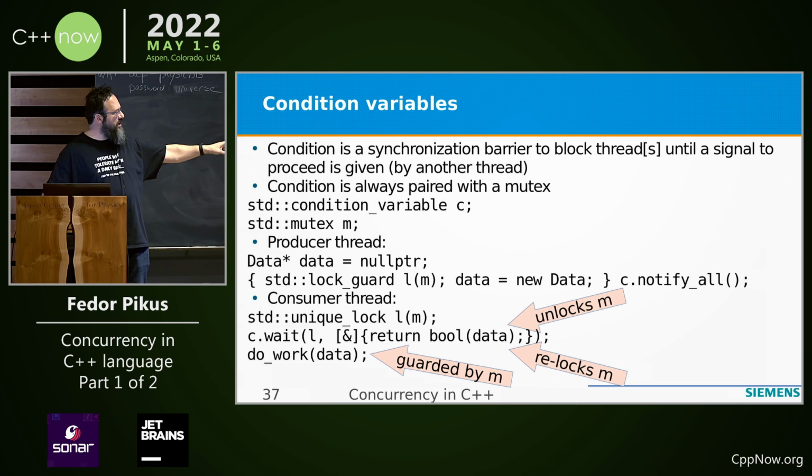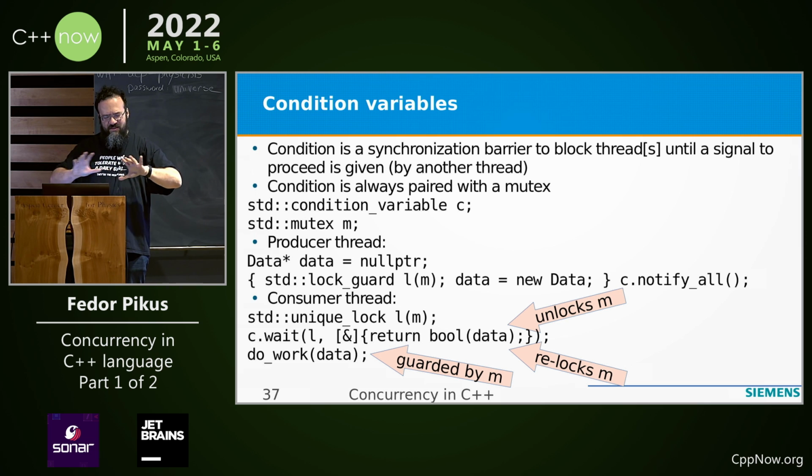Also, this is C++11 so far, but in C++14 you got shared mutex and shared lock. Now you can use both unique lock and shared lock with a shared mutex. Unique lock will take the unique exclusive access, the write access, and the shared lock will take read access on the shared mutex.